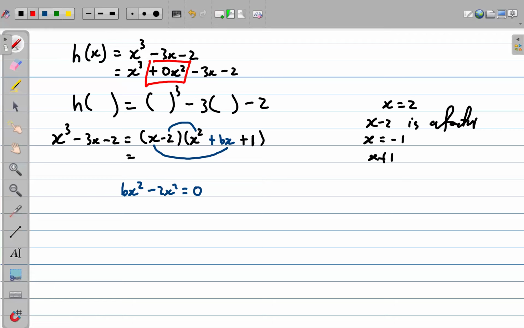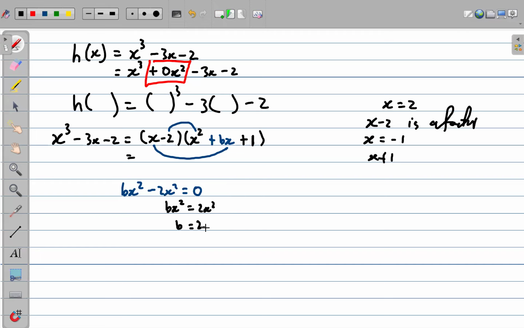So that's the nice thing in this case. So we get bx squared is equal to 2x squared. Does this mean b is equal to 2? That's what it means. So b is equal to 2.